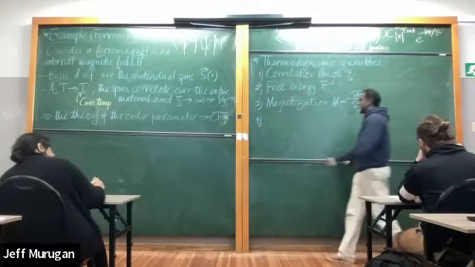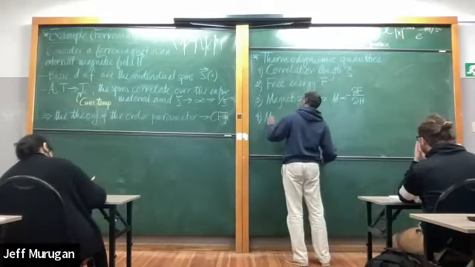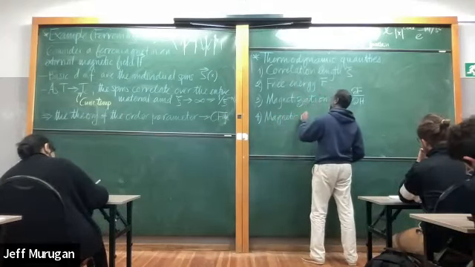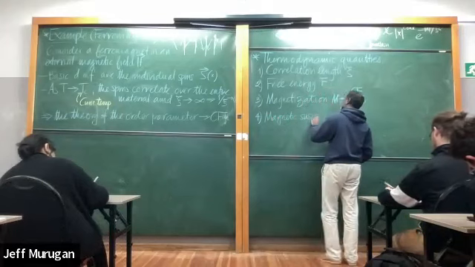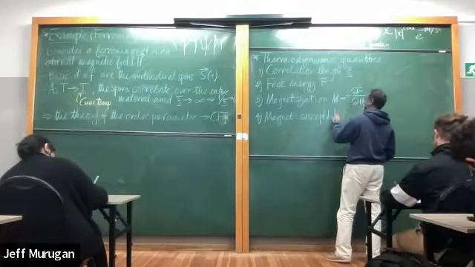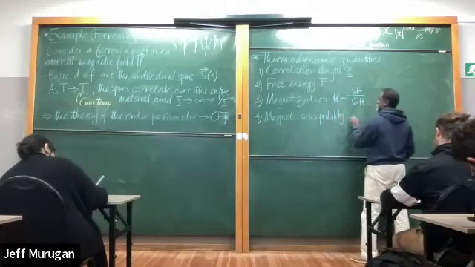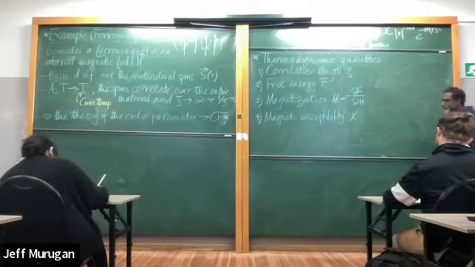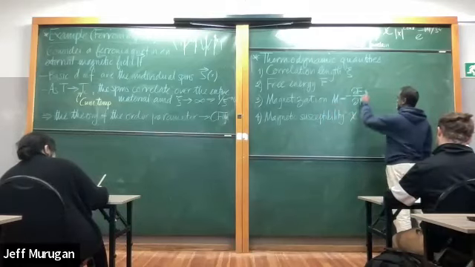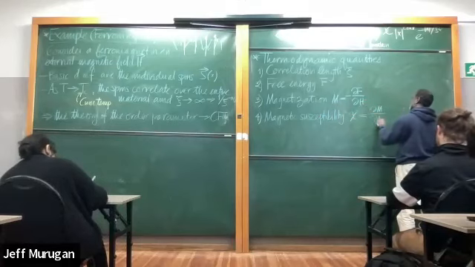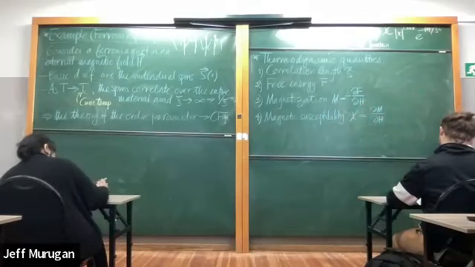Then there's a quantity called the magnetic susceptibility, which is traditionally called chi. And chi is the second derivative, so that's dM by dX.